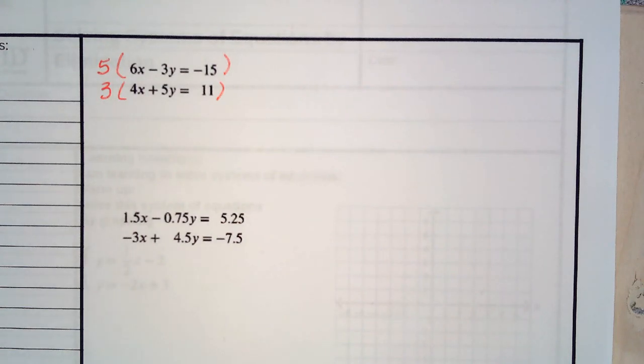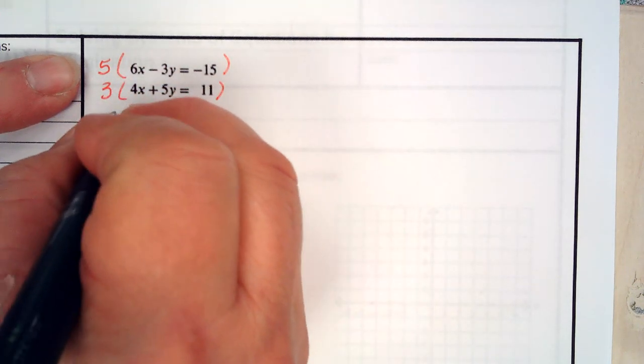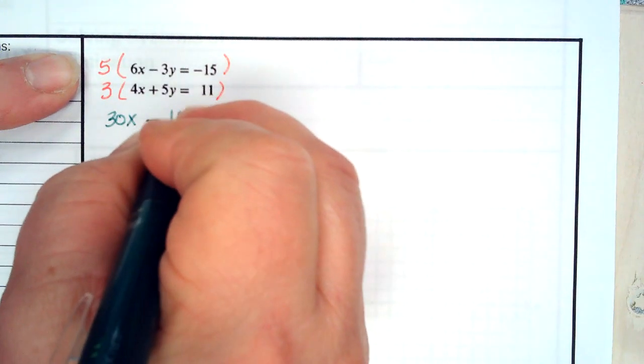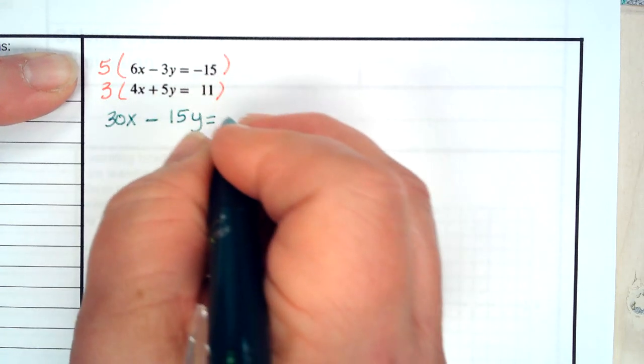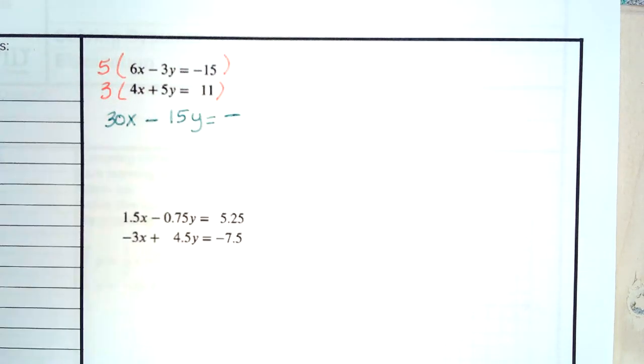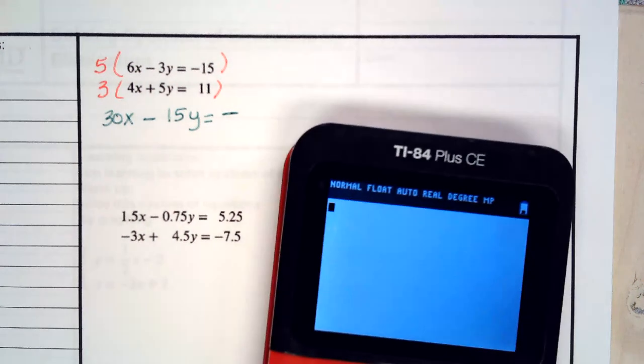Now what does it look like when we finish this up? 5 times 6x is 30x. Minus 5 times 3y is 15y is equal to 5 times negative 15, which is negative 75, I believe, but I will always check.